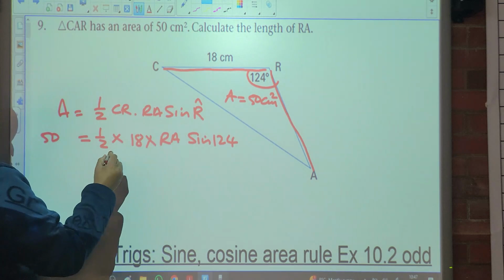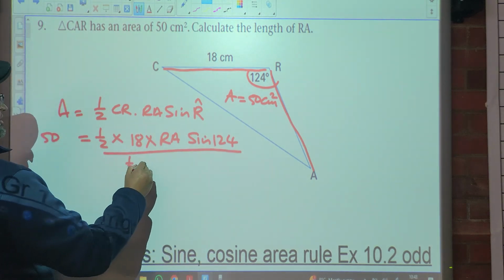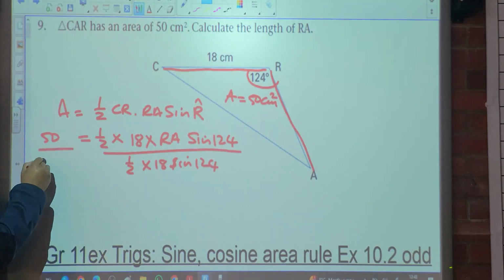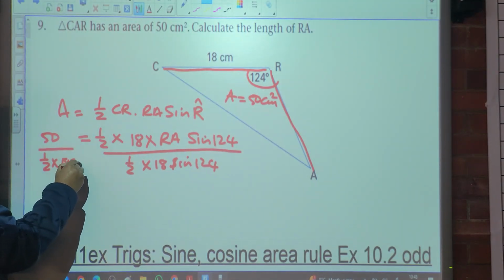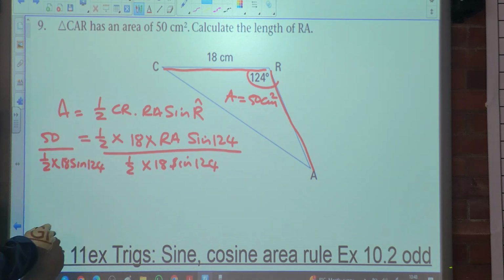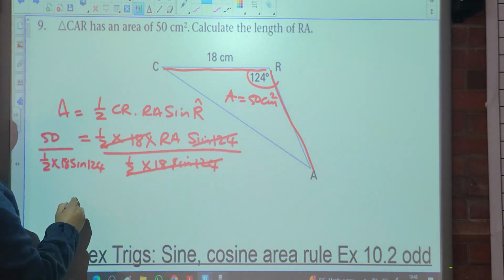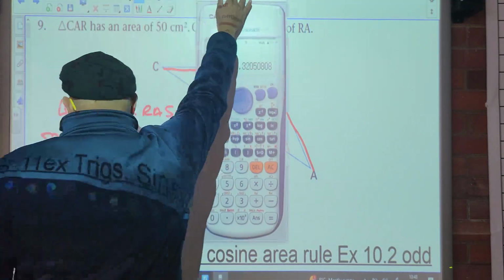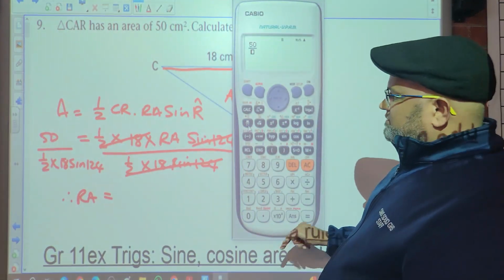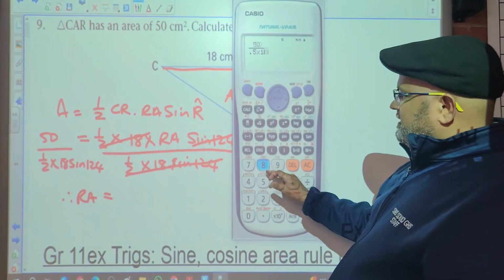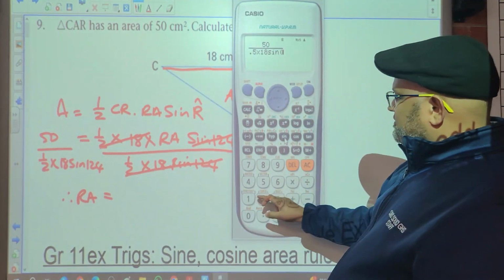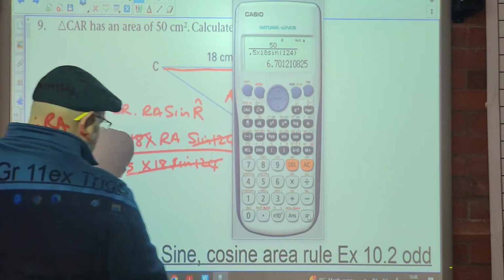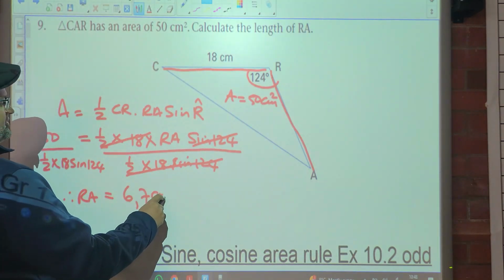So I'm going to get RA on its own, divided by half 18 sine 120. That cancels. So therefore RA is equal to 50 divided by 0.5 times 18 sine 120. 6,7. Is that correct? 6,7 centimeters.